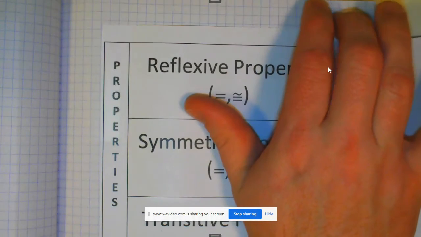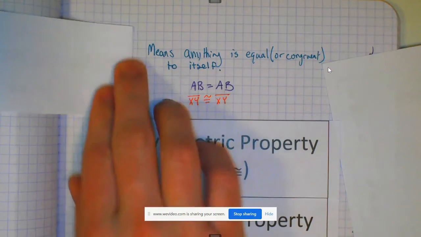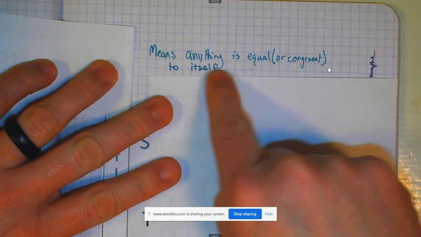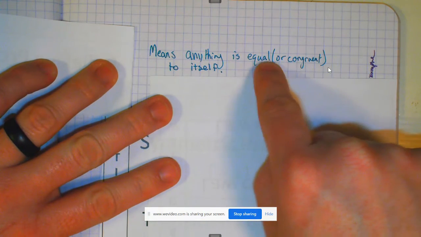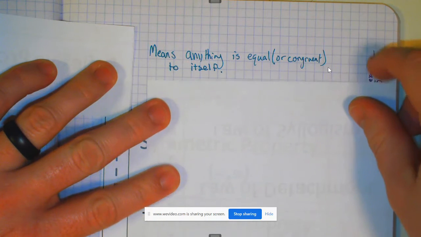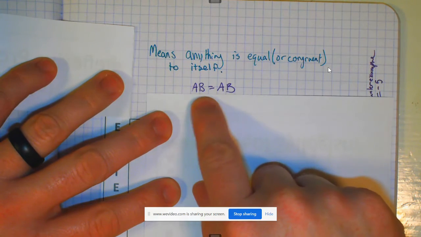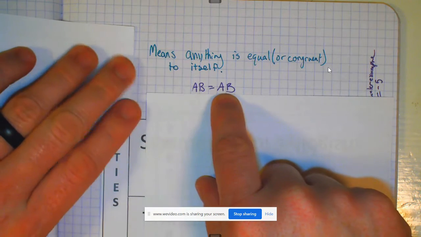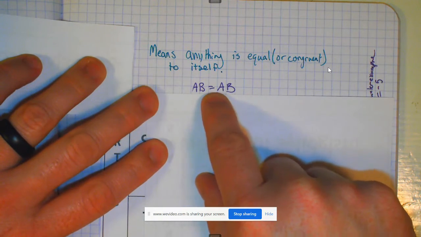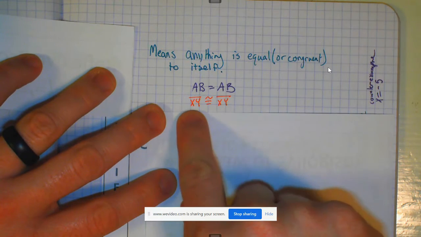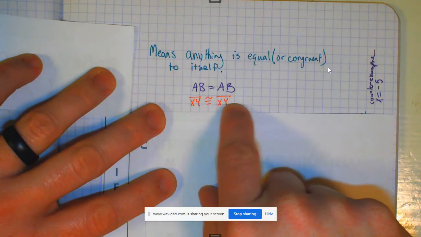So what the reflexive property means is anything can be equal or congruent to itself. Okay, so two examples here are AB equals AB, so lengths of segments can be equal to itself. And then if we use congruence, we can say segment XY is congruent to segment XY.